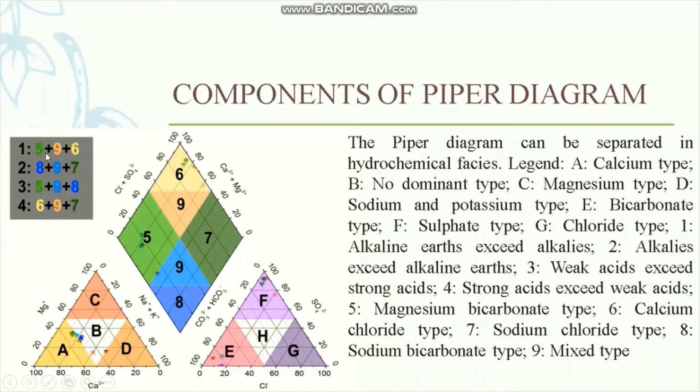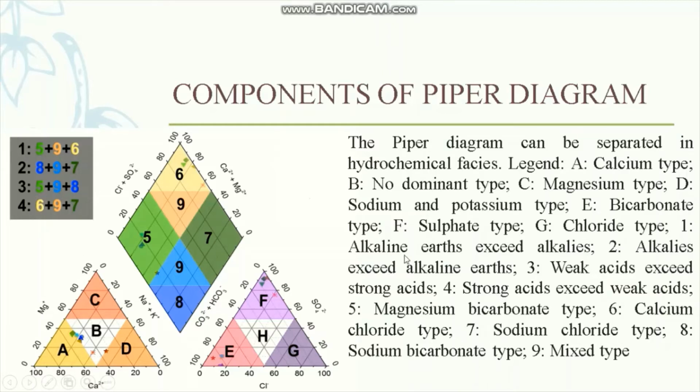Here 5 plus 9 plus 6, what does it denote? This green 5, and 9, and 6, this half of the diamond, is represented by number 1. What does number 1 show?